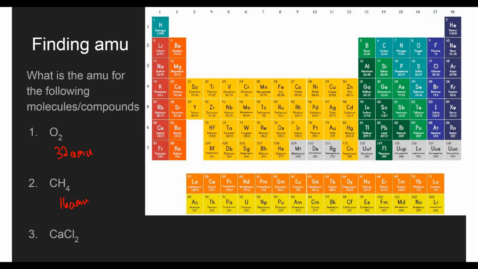We have 2 chlorines, so we multiply that by 2, which gives us 71. Then we have calcium at about 40, so 71 plus 40 gives us 111 AMU.